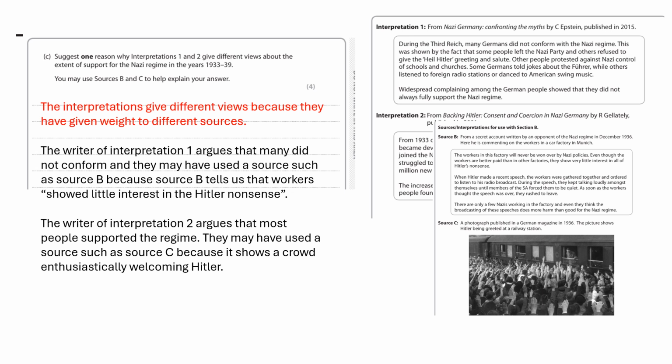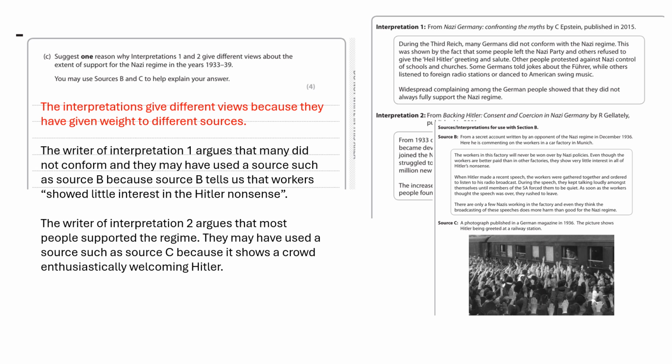So historians have different views because historians often have used different sources. So we're going to put that into our answer. And the first sentence in your answer is always going to be, the interpretations give different views because they have given weight to different sources. Or the interpretations give different views because they have used different sources.